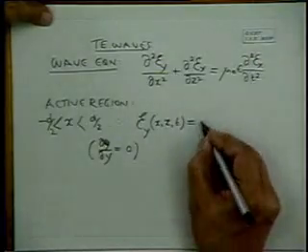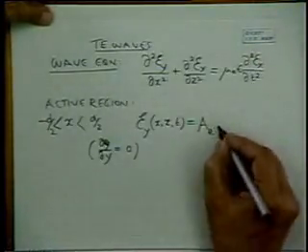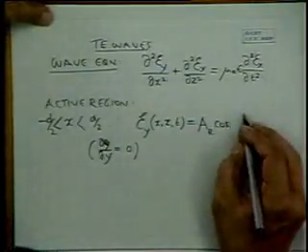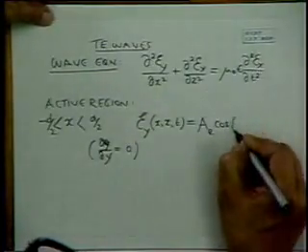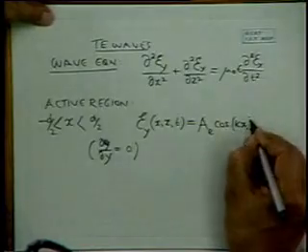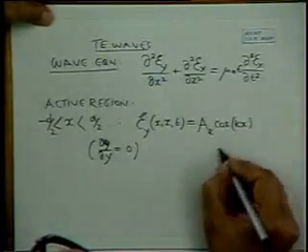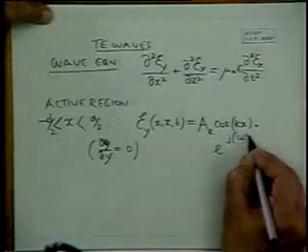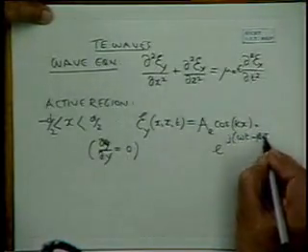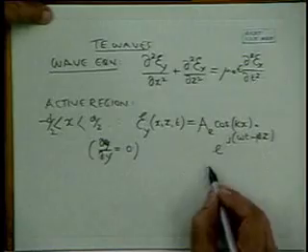This is given by some amplitude term AE cos kx, into e to the power j omega t minus beta z. Okay.